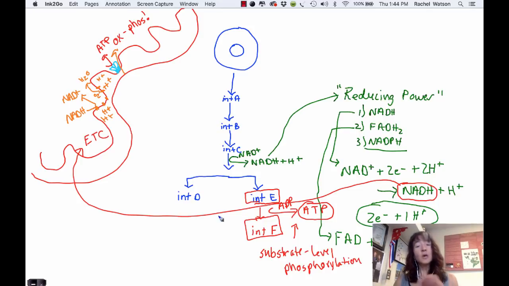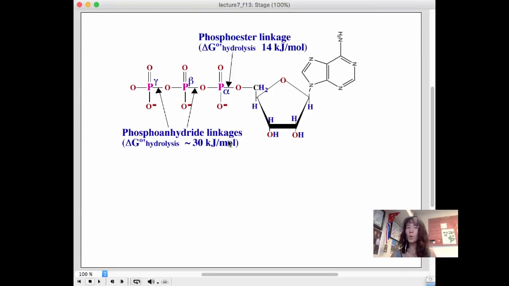So let's take a moment to just look at a picture of ATP and talk about why it's special. Well, ATP, this is going to make everybody feel good, because ATP is actually special because of its mediocrity. That is one good-looking molecule, totally mediocre, and in that it is wonderful.